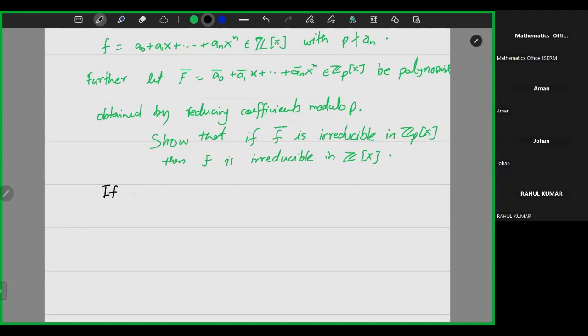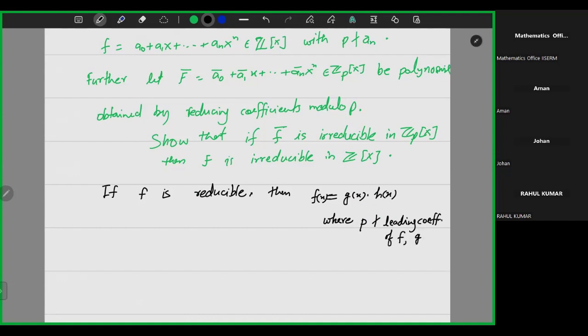If F is reducible, then F can be written as gx into hx, where P does not divide the leading coefficients of F, G, H. Why?